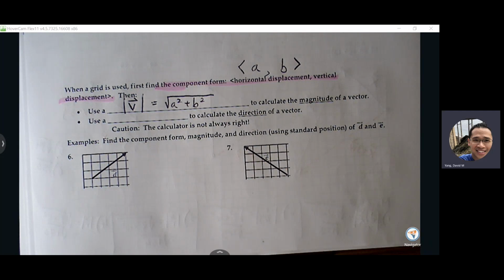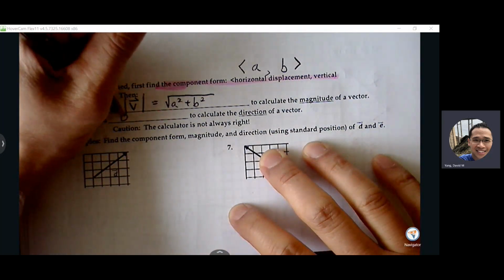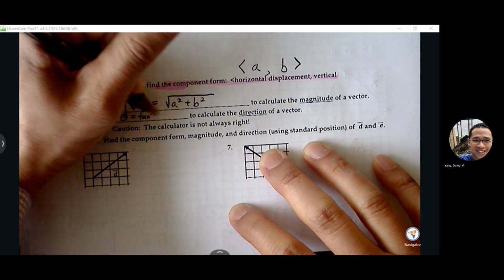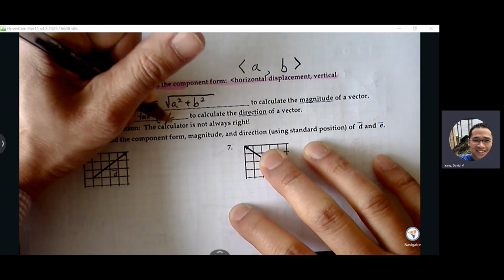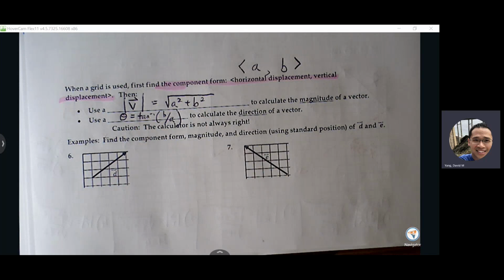And then we're going to use trig to help us determine the direction of the vector. So theta is equal to inverse tangent of B over A, or opposite over adjacent. But we have to be careful because the calculator is not always right.